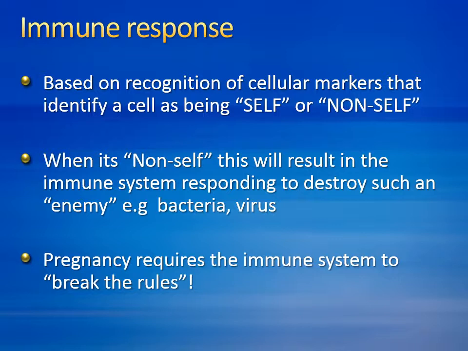For example, when this is a bacteria or a virus, that is what we want our immune system to do. If we think for a moment of what pregnancy requires, it requires the immune system to break the rules, because trophoblast will exhibit non-self markers because it's half paternal.